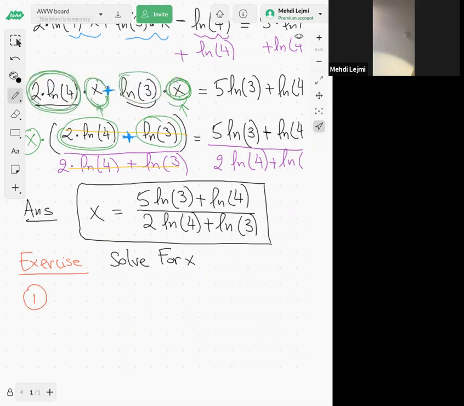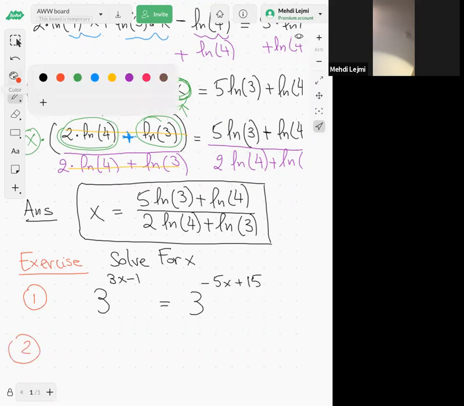So let's say here we have 3 to the power 3x minus 1 equals 3 to the power minus 5x plus 15, right?